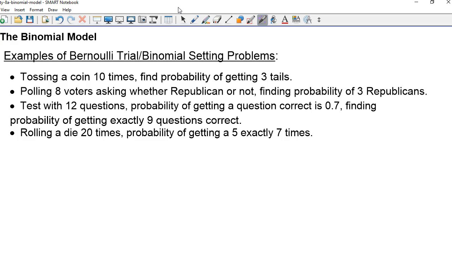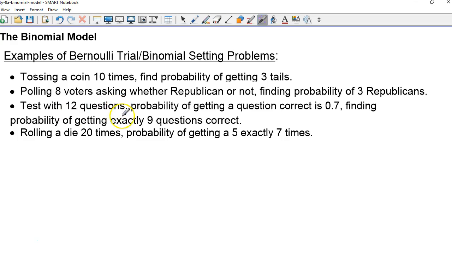And then the yes or no criteria, right? There are more than 2 parties, Republican, Democrat, Independent, and various other things, right? But if we talk about the probability of being a Republican or not, then we've divided the problem into Republican as the yes case and not as the no case. Anything other than Republican is considered no. And so this is, in fact, a Bernoulli trial binomial setting problem.